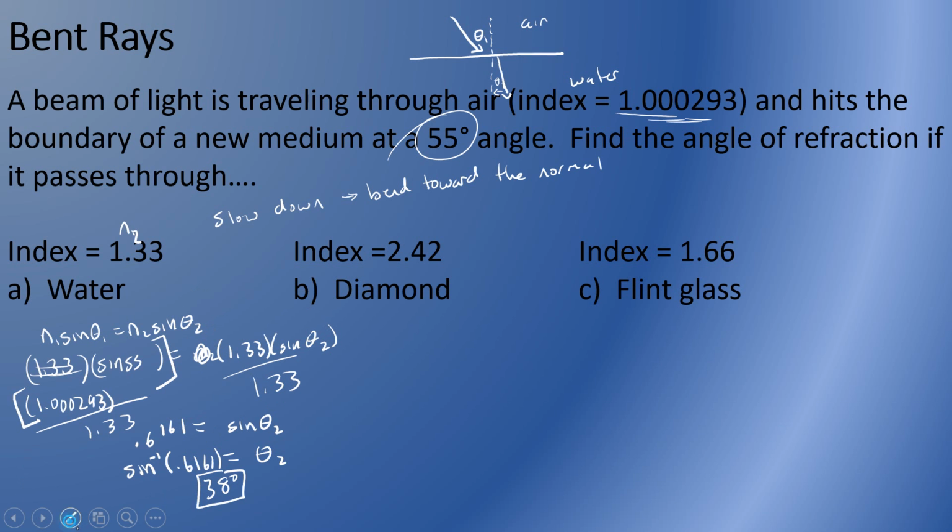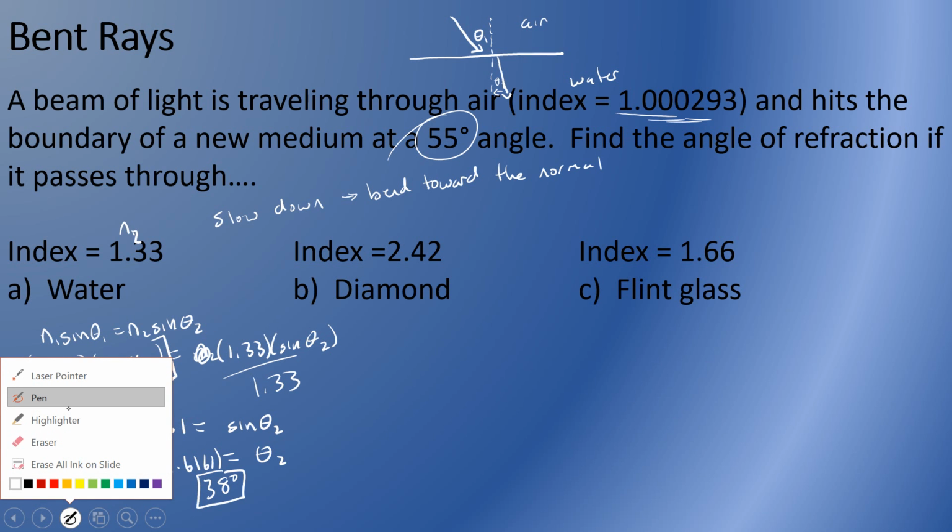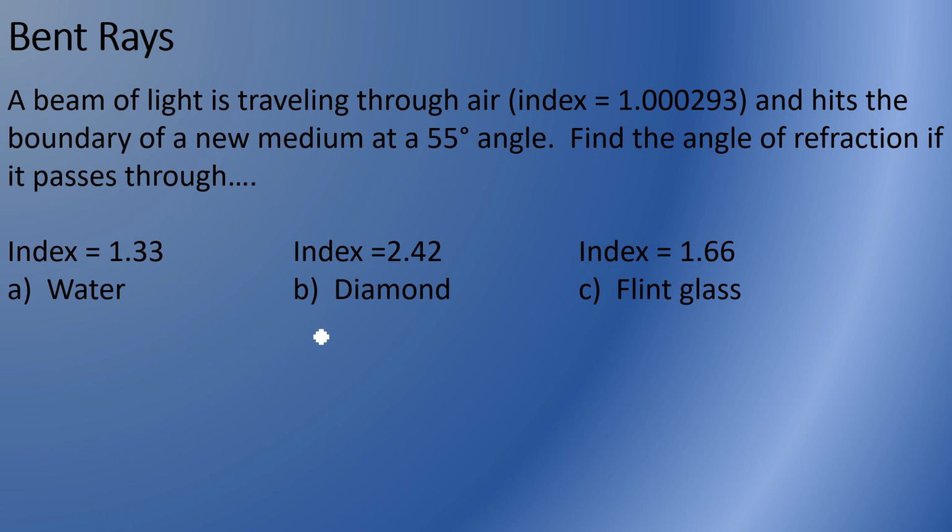I'm going to go ahead and clear off this mess, and let's do the next one. So we have a high index here, a diamond. So this is our N2, and we're going to put in 1.000293 sine of 55, that's coming from right here, is going to equal 2.42 times the sine of our angle of refraction.